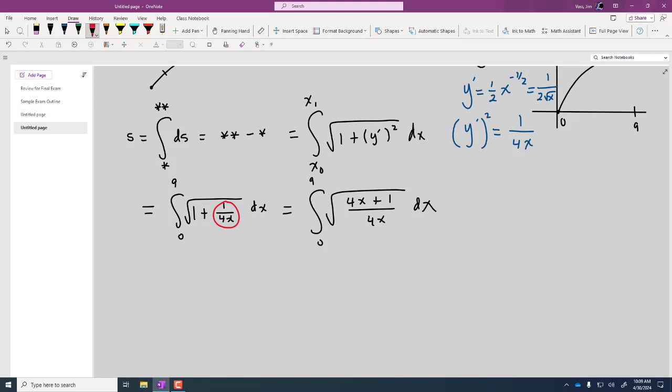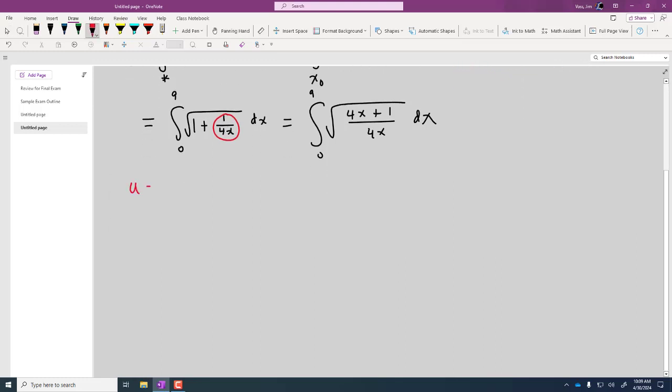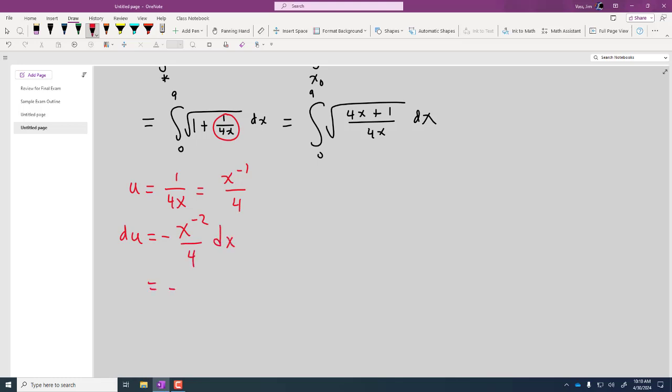If we let u equal 1 over 4x, which we would write as x to the minus 1 divided by 4, then we're going to get du equals negative x to the negative 2 divided by 4 times dx. So that's what our problem is.